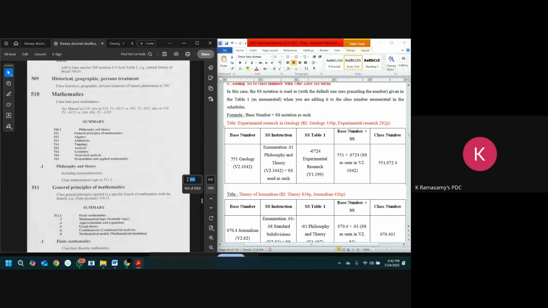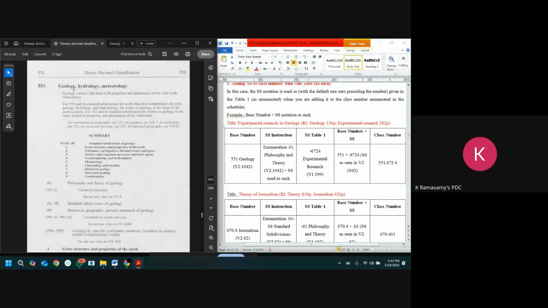In volume 2, let me go to the number 551, which stands for geology. You can see what kind of instruction is given there. 551.01 philosophy. .09 historical geographical treatment. That means here standard subdivision should be added with 0. Previously no 0. Here 0. What is the answer here?